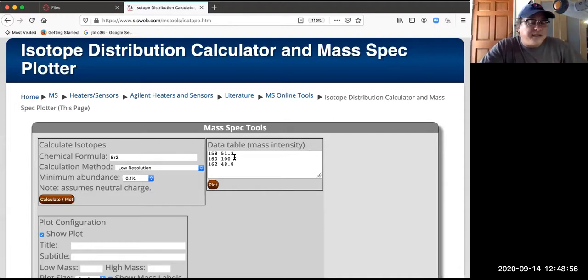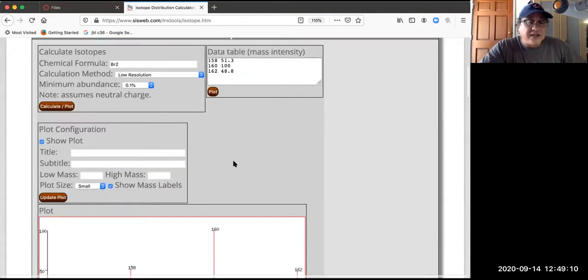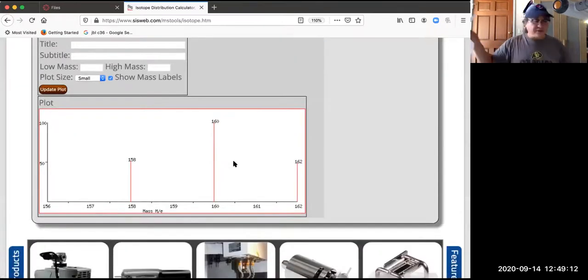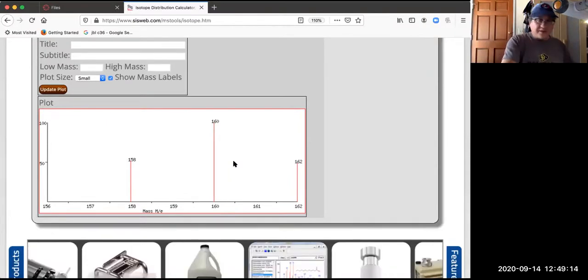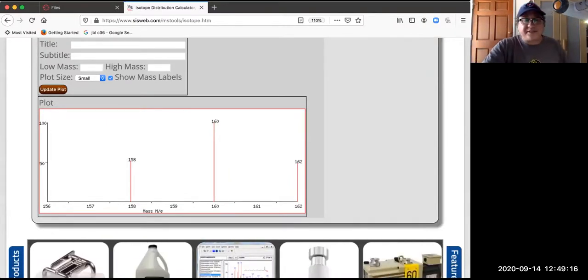The middle peak is the tallest, the most often showing up. The first is the next tallest, and it's about half of the middle. And the last peak is about half of the middle. So take a look at that compared to this.